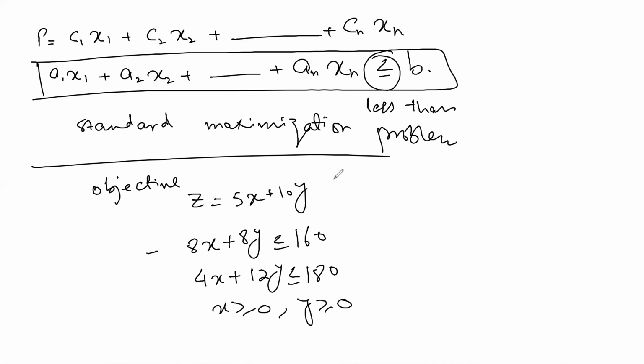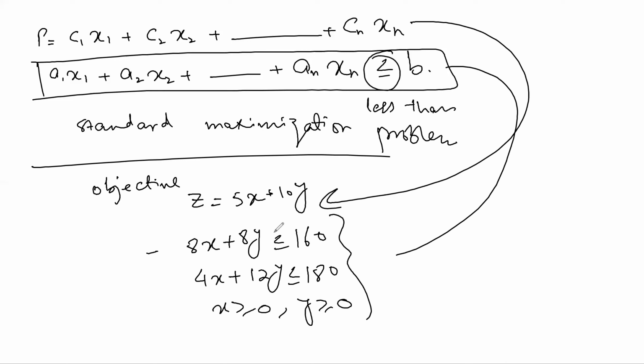Now this is the standard maximization problem. You see, we have one objective function and all the constraints are in less than form, except these two constraints. So this is the standard maximization problem.